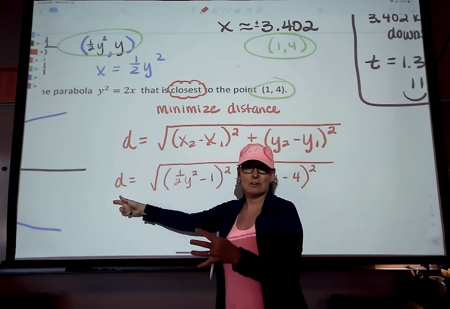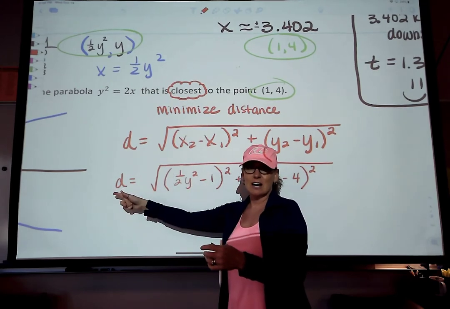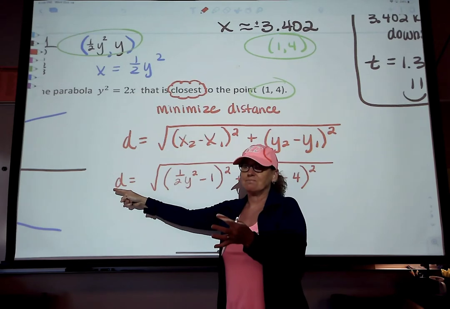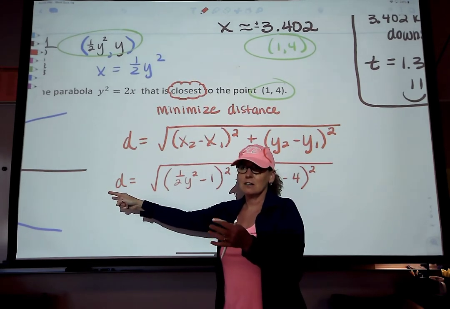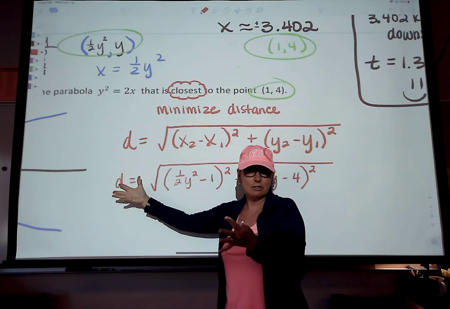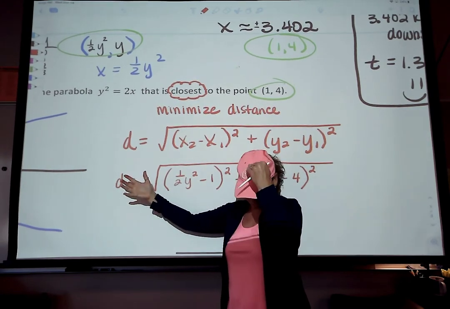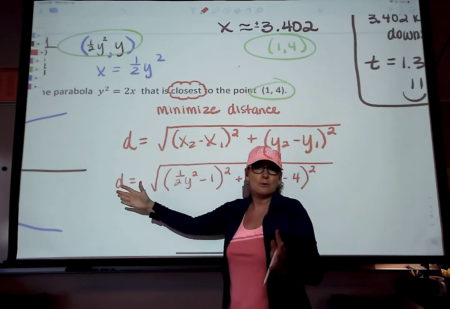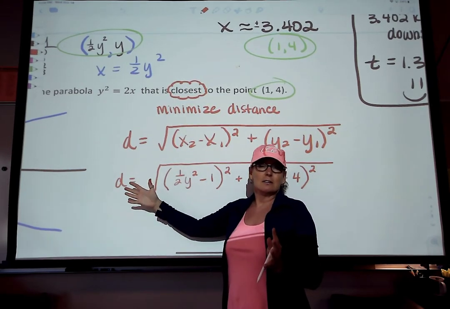Okay, easy derivative. When I square both sides, this becomes d squared. Now all of a sudden, d represents a messy function. And I'm going to have to use implicit differentiation. Not a big deal, but I just want to let you know that that's what we're doing.